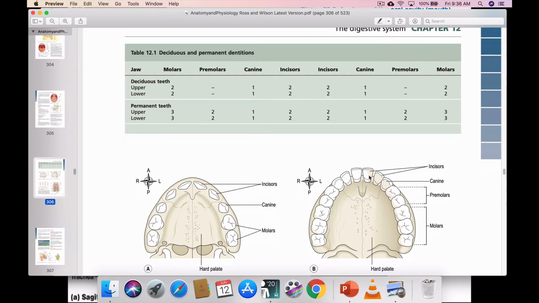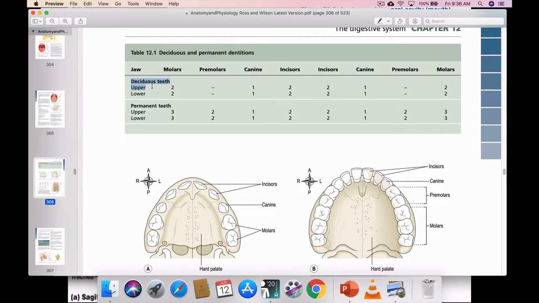Two incisors are present, one canine, two premolars, and three molar teeth. Whereas in the newborn, the teeth that start to grow are only two incisors, one canine and only two molars. The third molar and two premolars are absent. They will grow as the person grows.